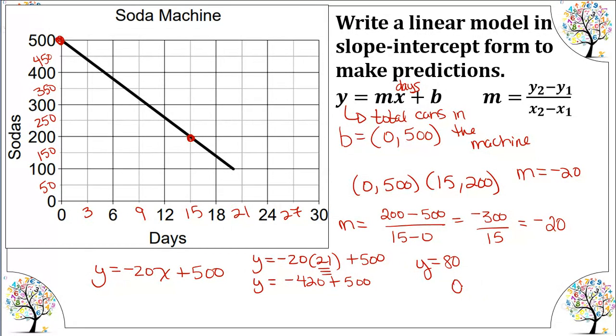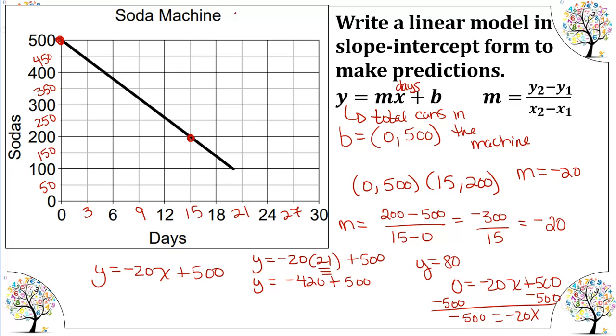So we're going to plug in 0 for y. And we're going to solve for x. We're going to subtract out 500 and divide both sides by negative 20.